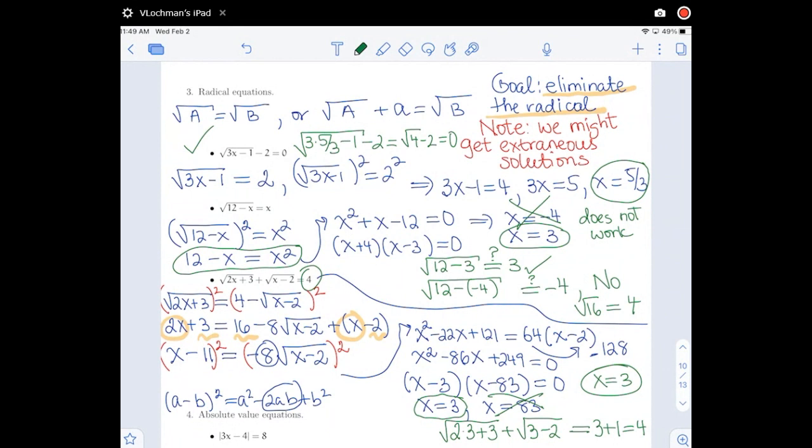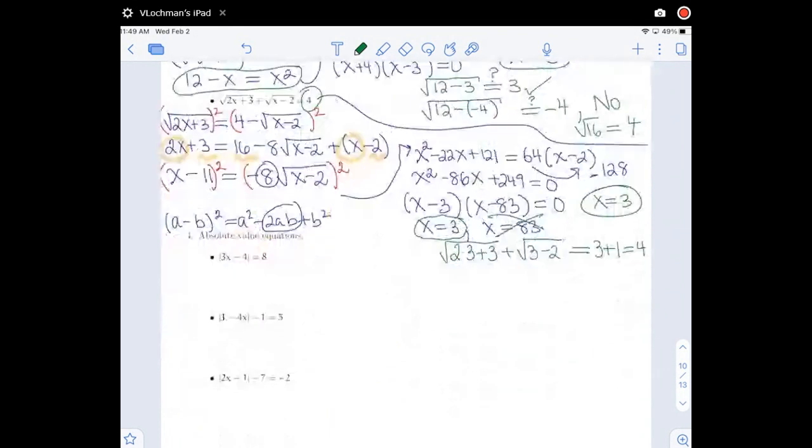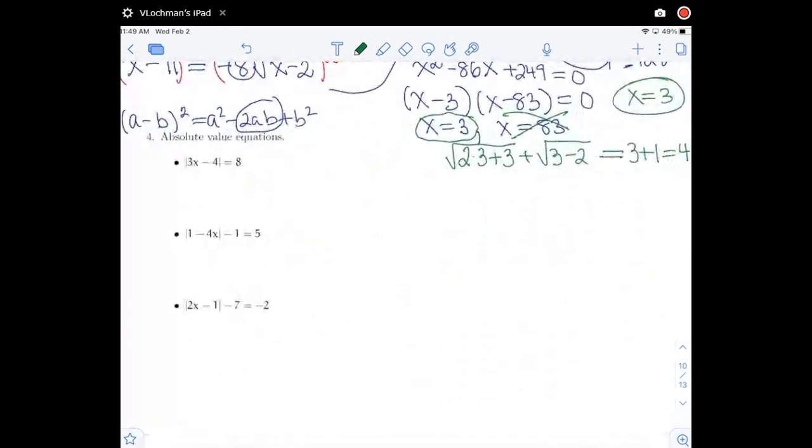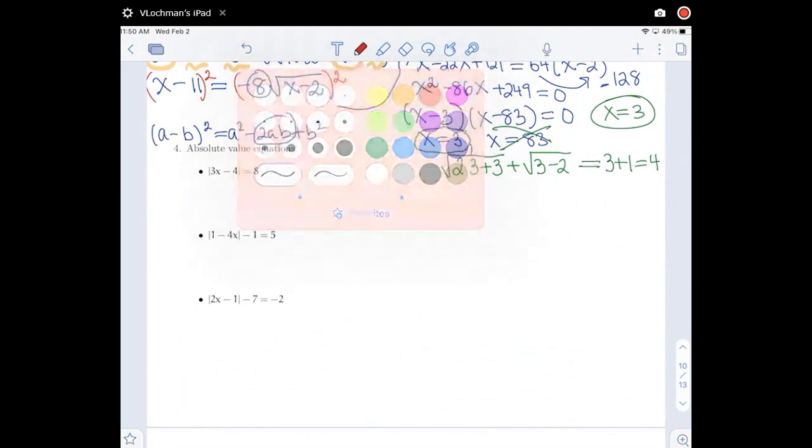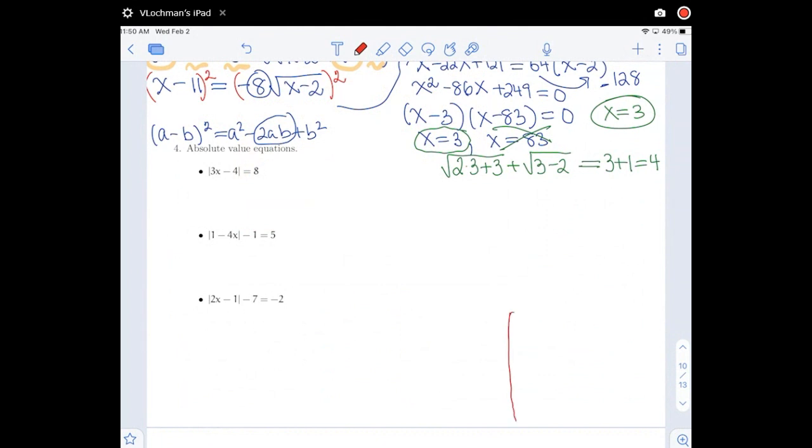Okay, if there is nothing to discuss, let's go ahead and take a look at the next set, absolute value equations. Okay, absolute value, let me go ahead and give you a quick reminder of the definition of the absolute value function. Okay, so we say that the absolute value of x is equal to just x if it's a number that's greater than or equal to 0, right?